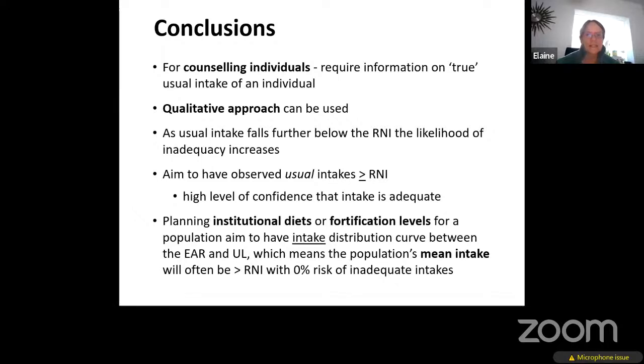And if you're planning institutional diets or fortification levels for the population, you're aiming to have their intake distribution lying between the estimated average requirement and the upper tolerable limit, because that would mean you don't have intakes below the EAR, which would mean 0% of the population at risk of inadequate intakes.